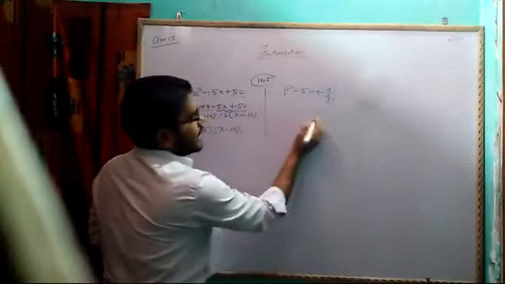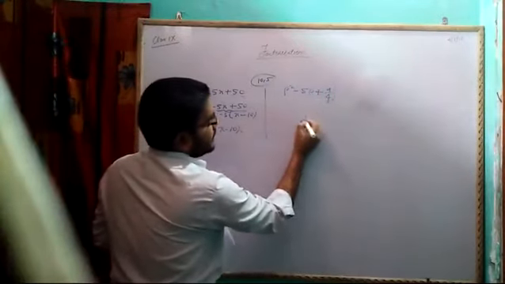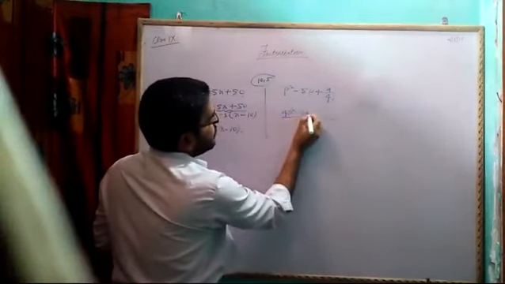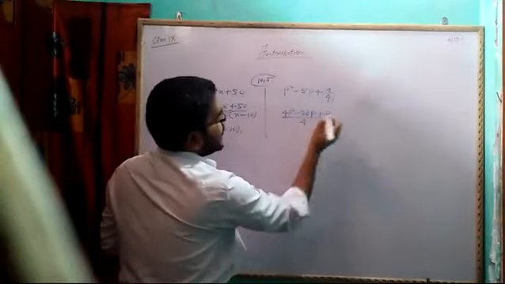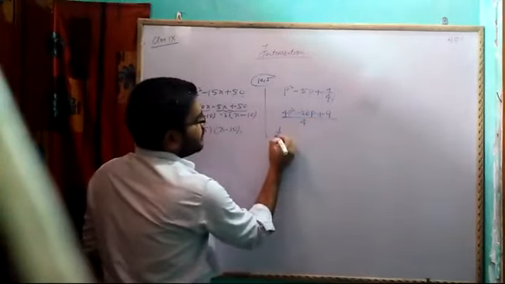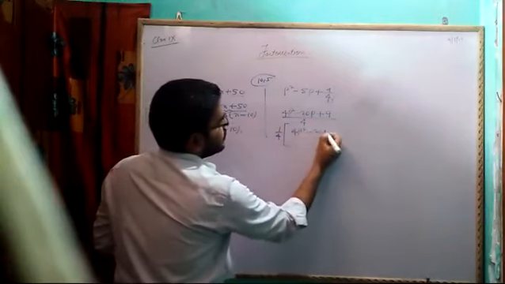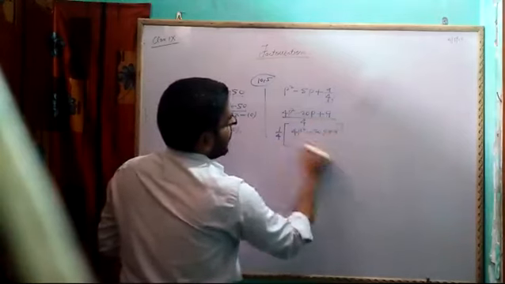So what we can do, we can take the LCM. If we take the LCM, we will get 4p square minus 20p plus 9, correct? Now you take 1 by 4 out separately, then you write 4p square minus 20p plus 9.